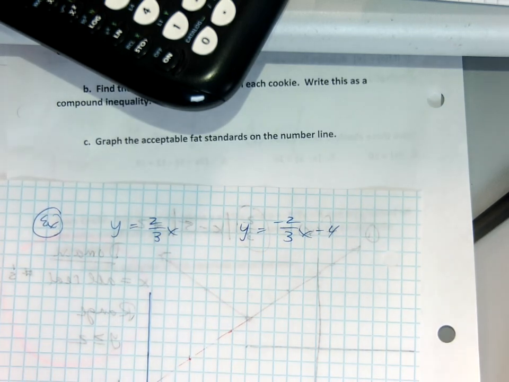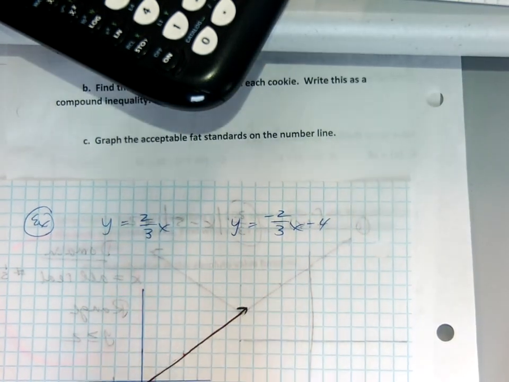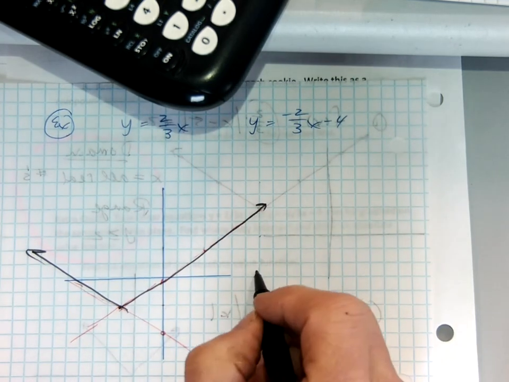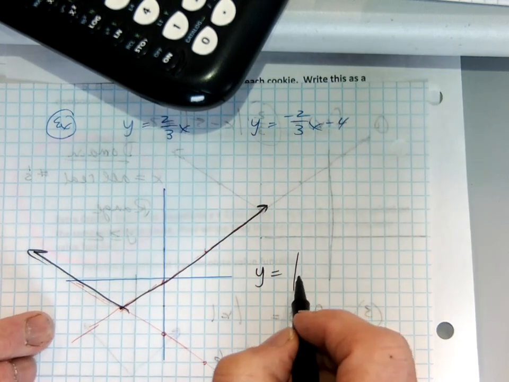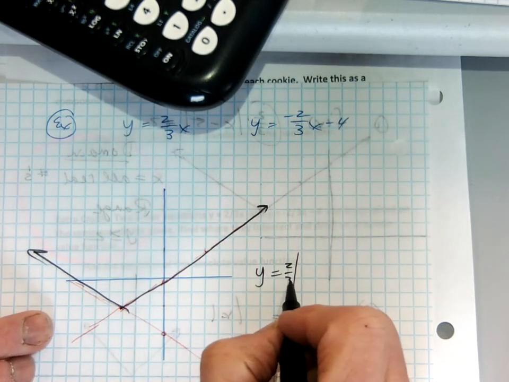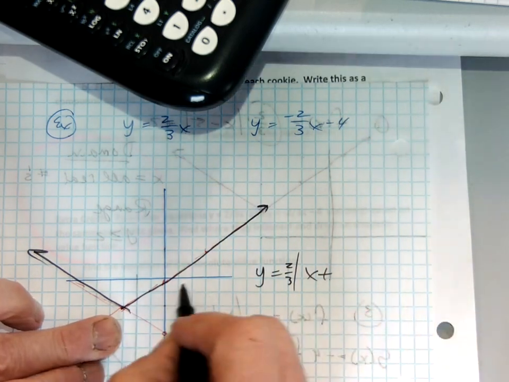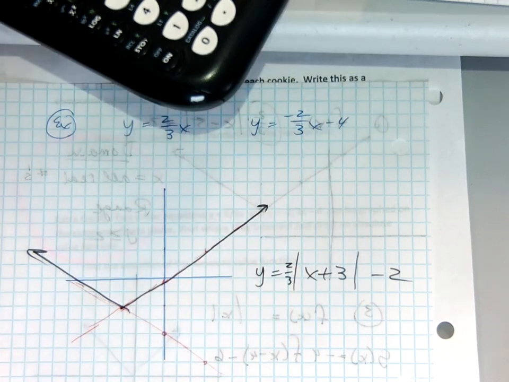And then the idea is if you want to make an absolute value function of where they intersect, then I would just go there, and I'd have something like y equals the absolute value. Well, I got to have a slope first, so up 2 over 3 absolute value of x plus 3 minus 2. Okay, that's what I have.